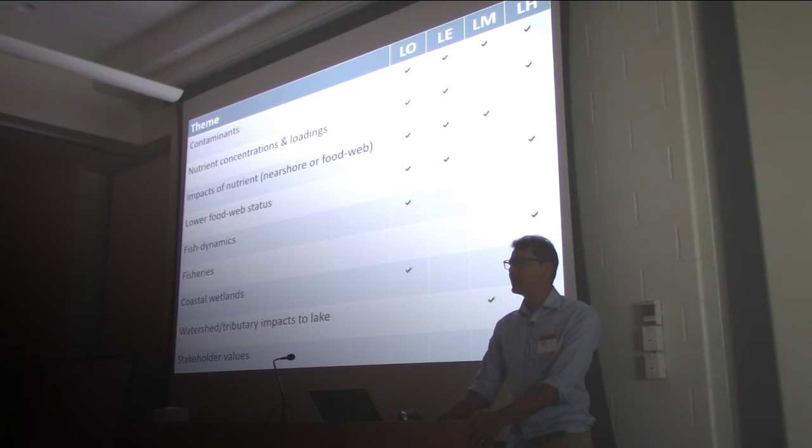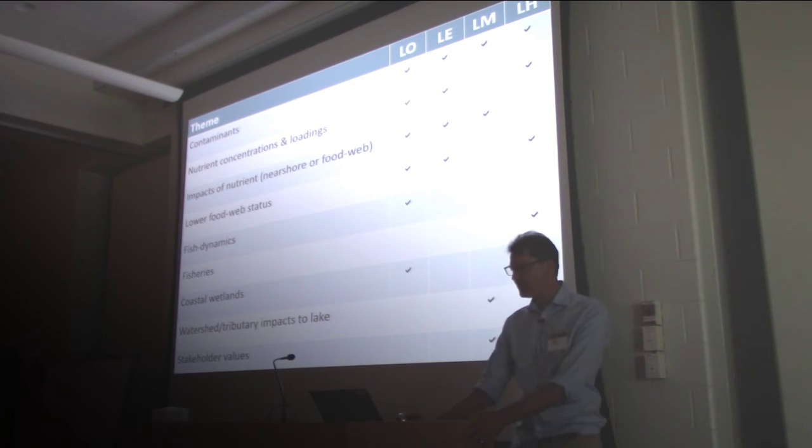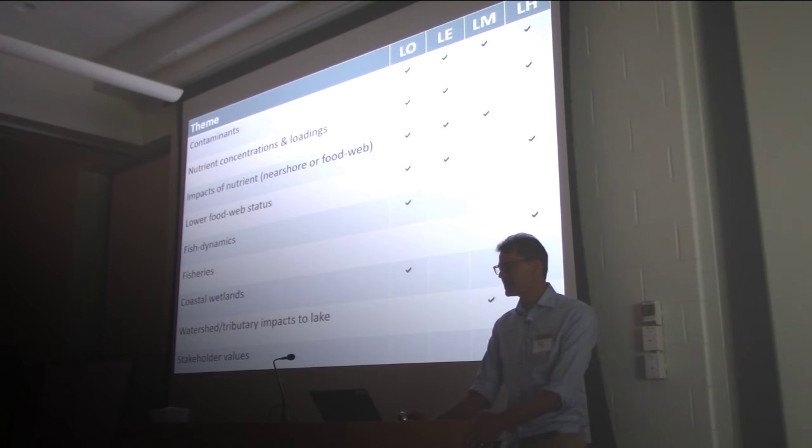So you can see from the other lakes, Management Committee continues to see questions and priorities related to different issues in the different lakes around the contaminants issue. They're hearing priorities about nutrients from each of the lakes, either in terms of understanding concentrations or loadings, or the impacts of nutrients.